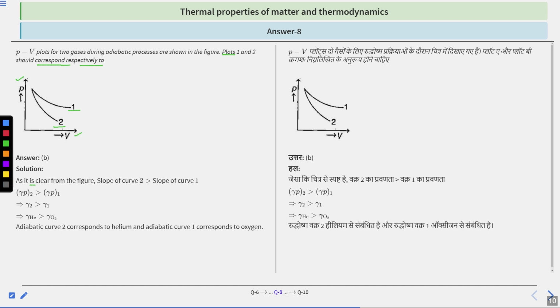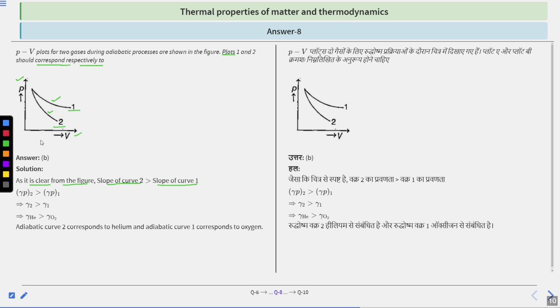As is clear from the figure, the slope of the second curve is greater than the slope of the first curve. Clear? So when the slope of the second curve is greater than the slope of the first curve, gamma for the second slope is greater than gamma for the first slope.